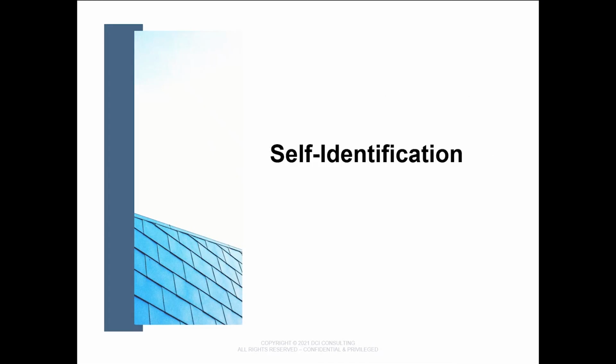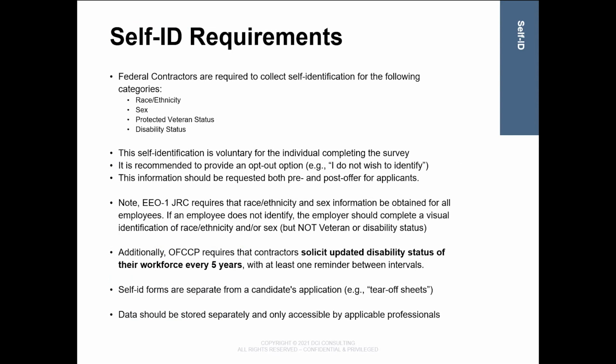So let's talk about the self identification process. Federal contractors are required to collect self identification for the race or ethnicity, sex, protected veteran status, and disability status. This identification is voluntary for the individual completing the survey and is recommended to provide an opt out option.